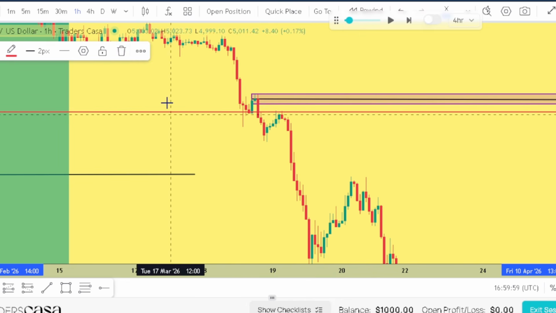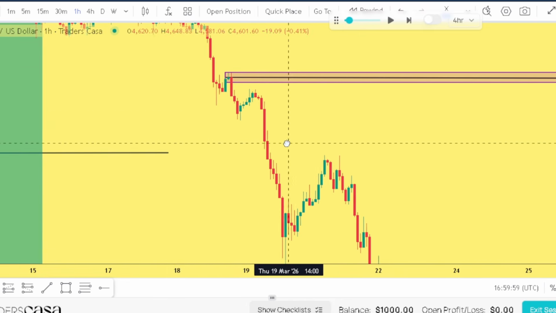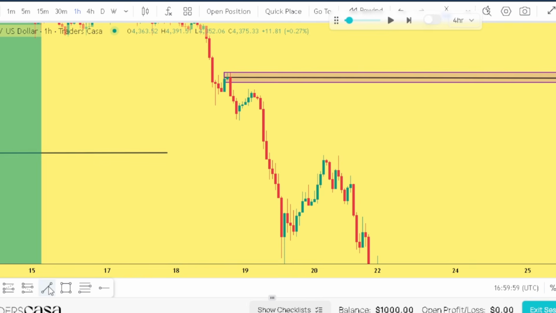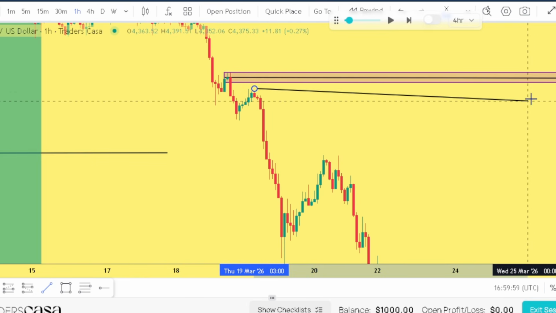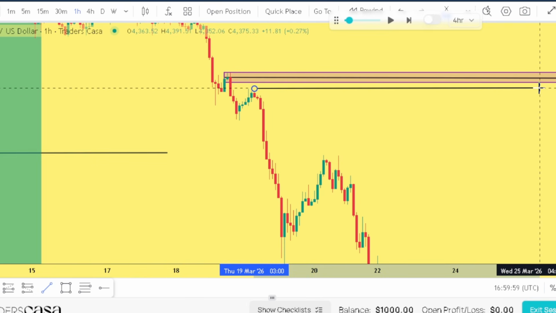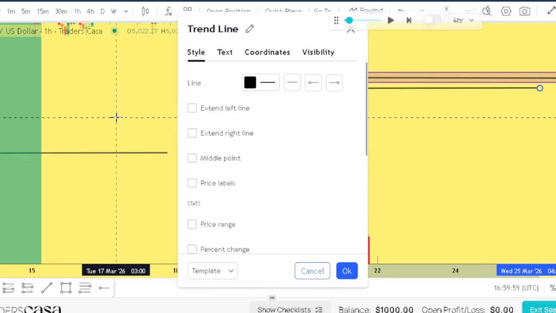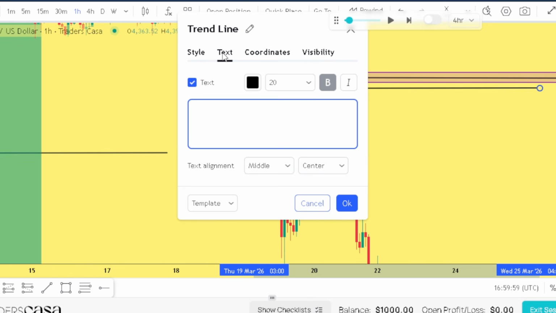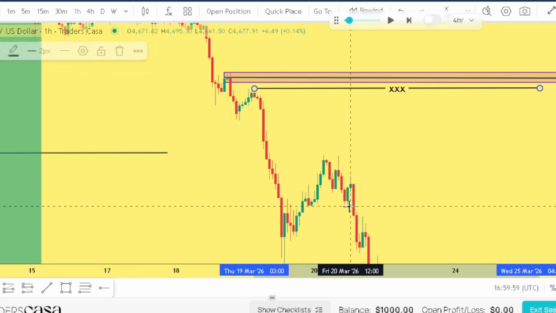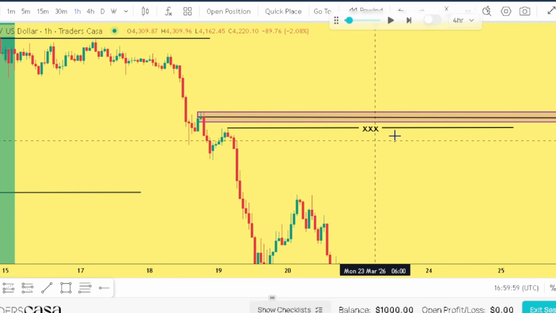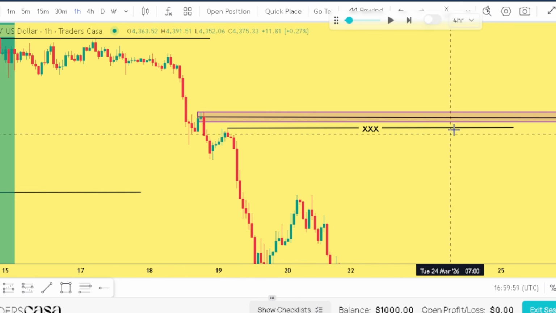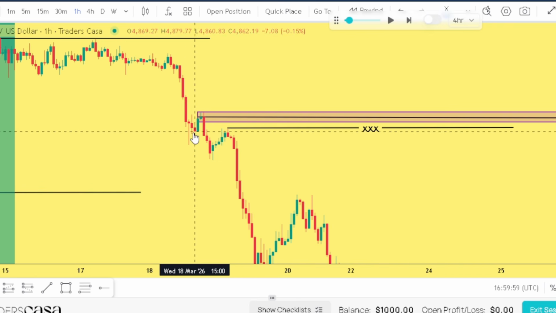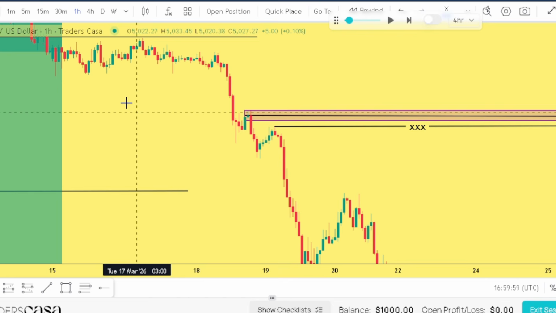And also we do have liquidity resting below this particular area. That's our liquidity. We can annotate that as X. That is liquidity resting, and we wait for that particular liquidity to be taken so that we can get a push to the downside.